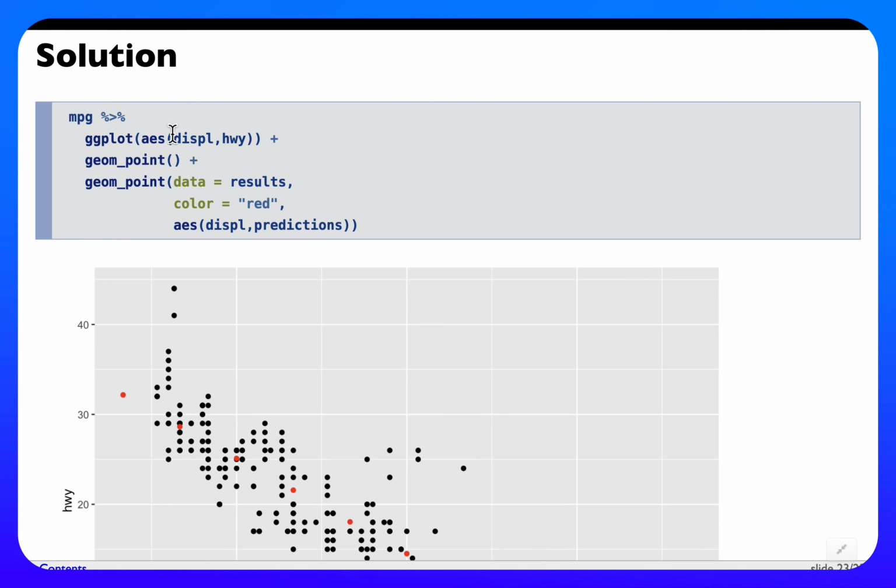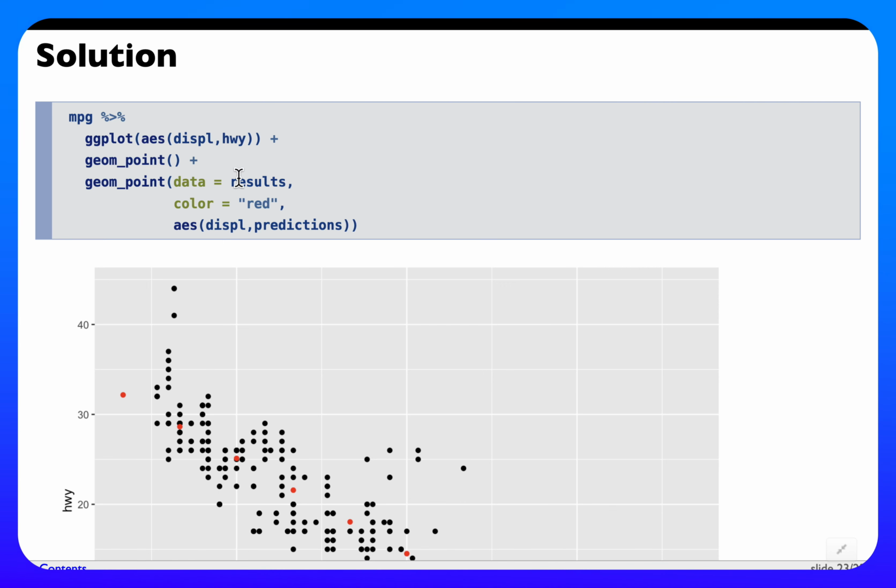So the first thing I did was to do the scatter plot of displacement and highway from the actual data. Then I did a second geom_point, and I did not use the data from mpg, I used the data from results.